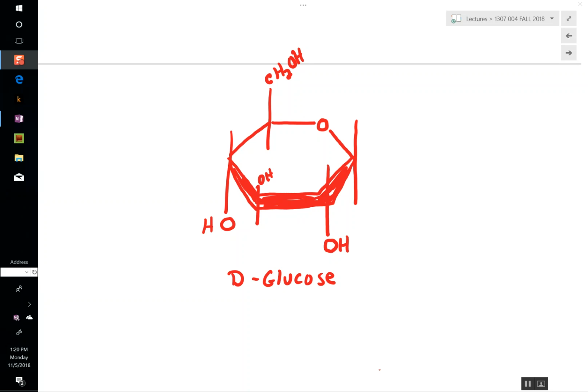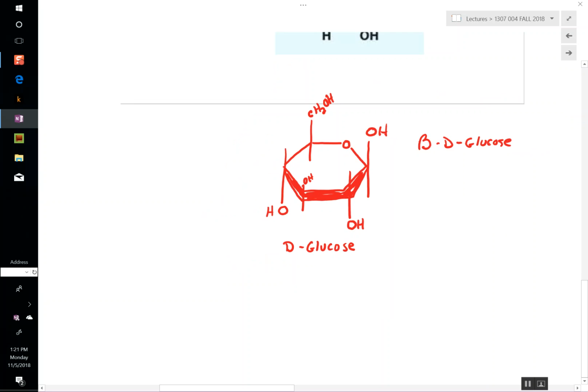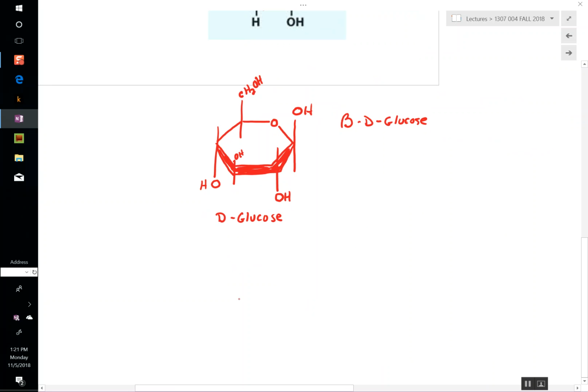No, but the first carbon, isn't there an OH missing? Oh, yeah. So if there is an OH here, this would be beta D-glucose. And if there's an OH down here, it's alpha.